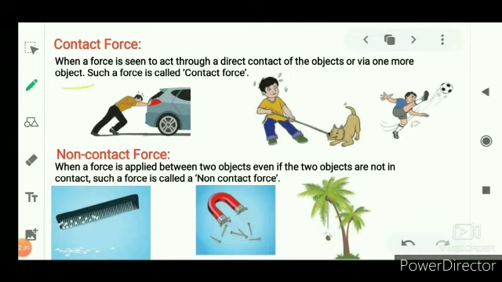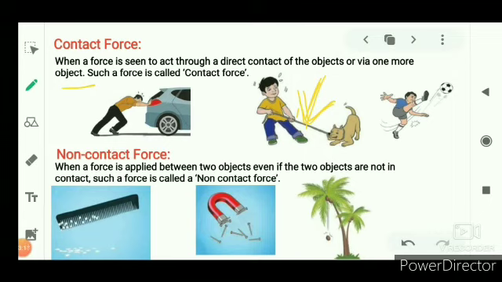When a force is seen to act through direct contact of the objects or via one more object, such a force is called a contact force. Whenever there is direct contact between two things, or contact through another object, it is a contact force. For example, here the boy is pulling a dog through a rope, so there is a direct contact between the dog and the boy through this rope.